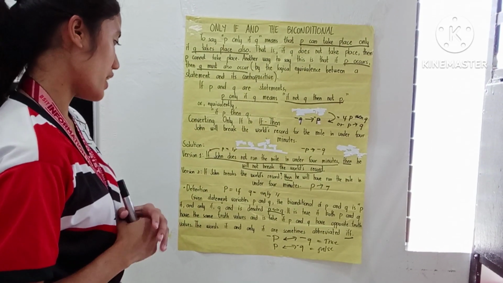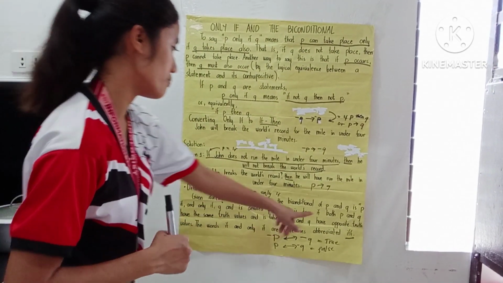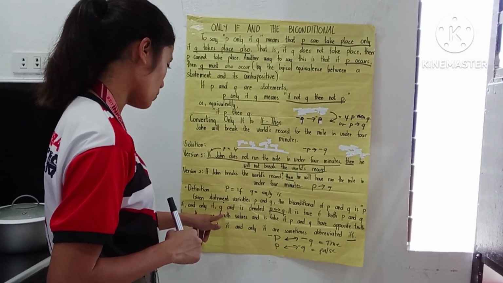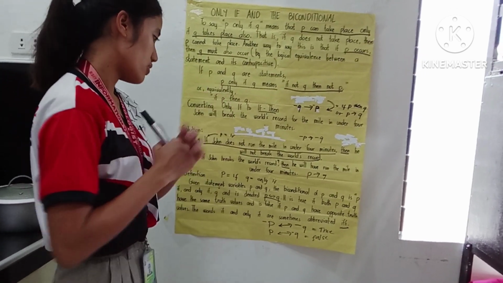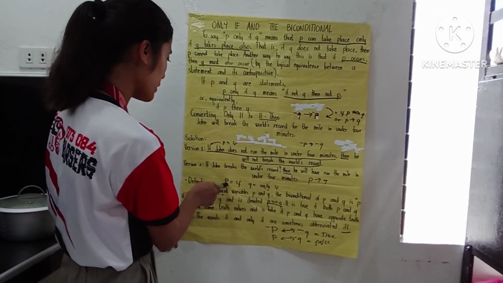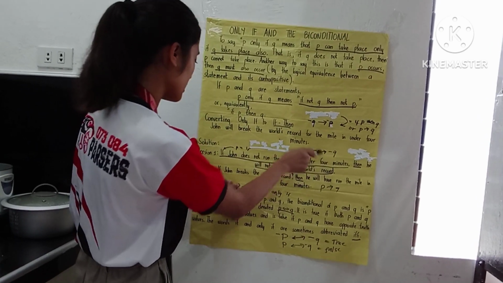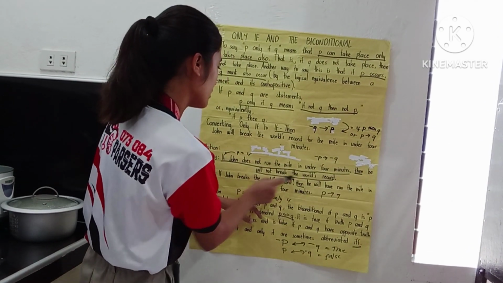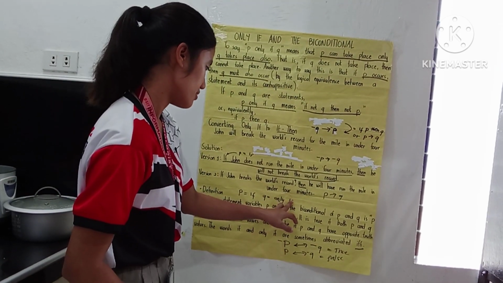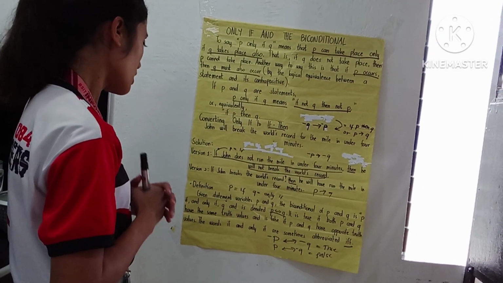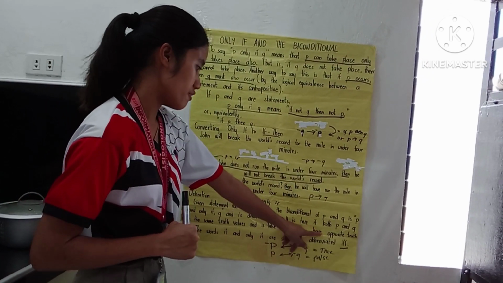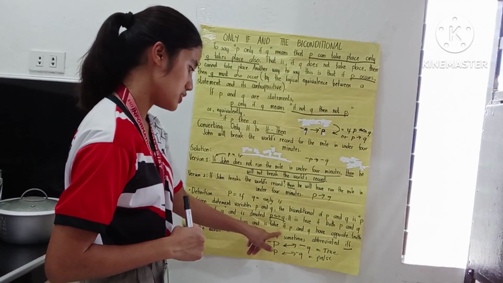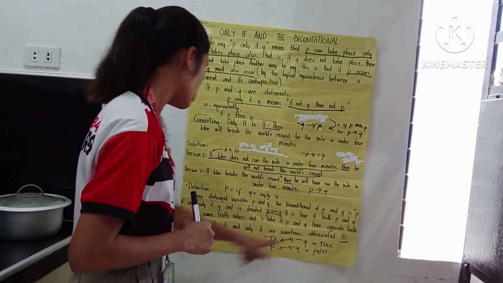Definition: given statement variables P and Q, the biconditional of P and Q is P if and only if Q. So, in the biconditional, the P statement here is if and the Q statement here is only if. It is true if both P and Q have the same truth values, and is false if P and Q have opposite truth values.